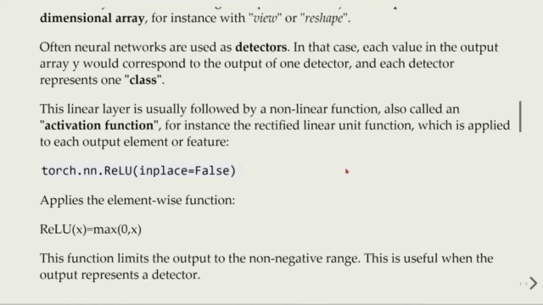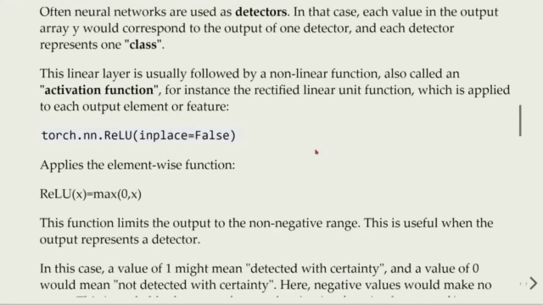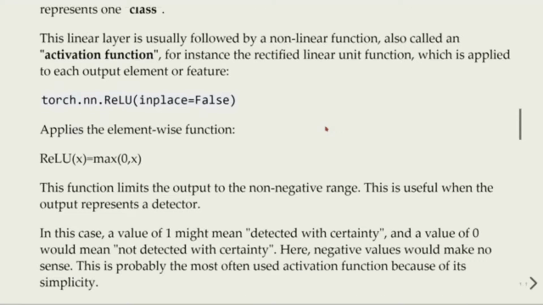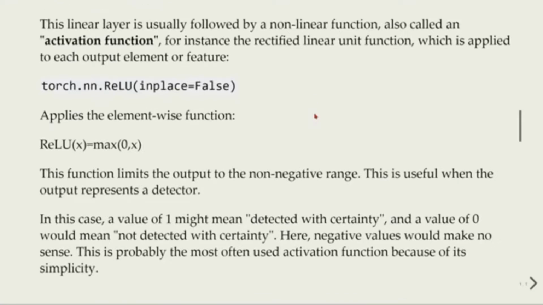For instance, the rectified linear unit function can be applied to each output element or feature. This is also called the ReLU, the rectified linear unit function. This function applies the element-wise function given here. It limits the output to the non-negative range, and this is useful when the output represents a detector.